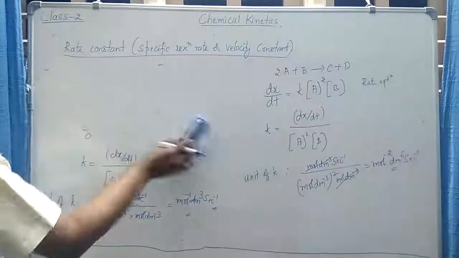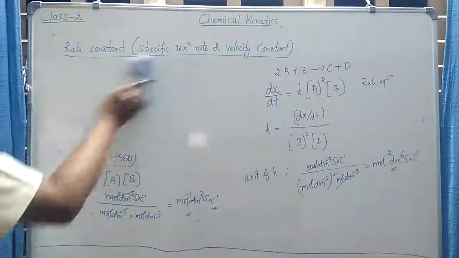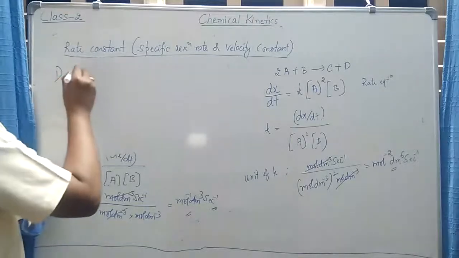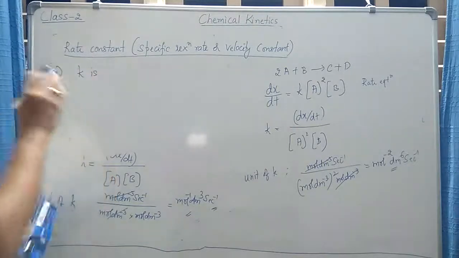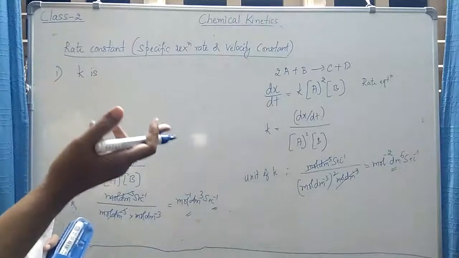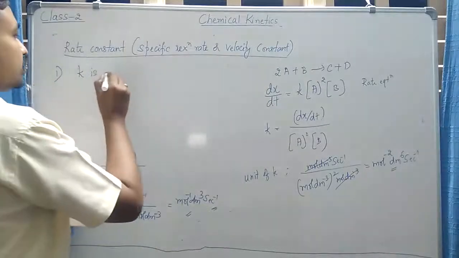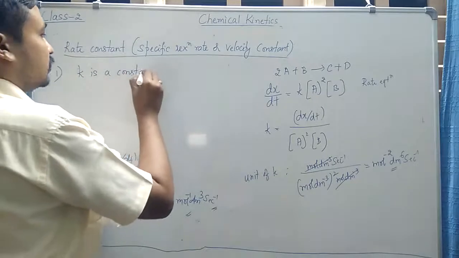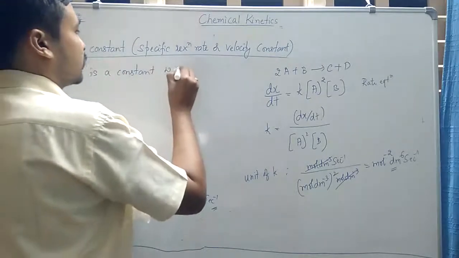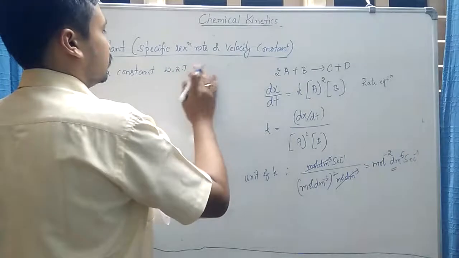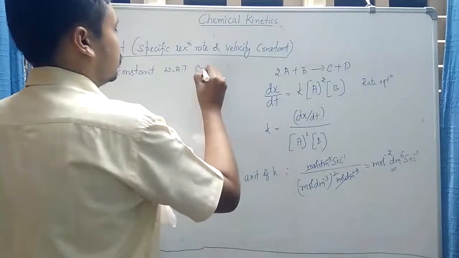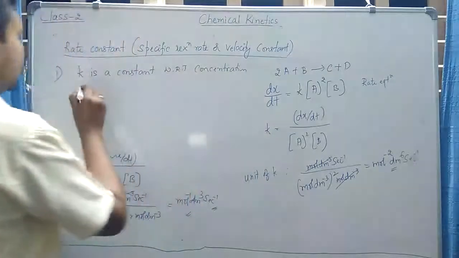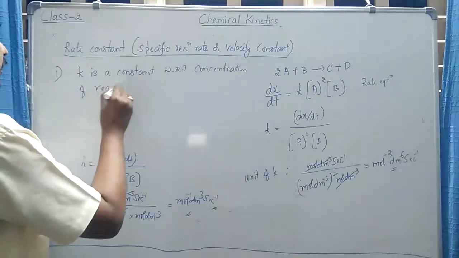Let us point out some features of rate constant. First, remember, it is a rate constant. Why is it a constant? Because rate constant is a constant with respect to the concentration of reactants.